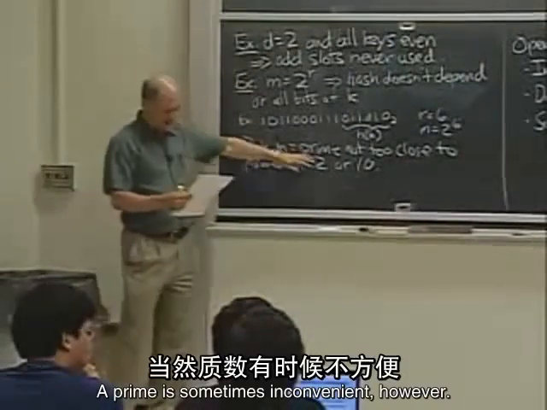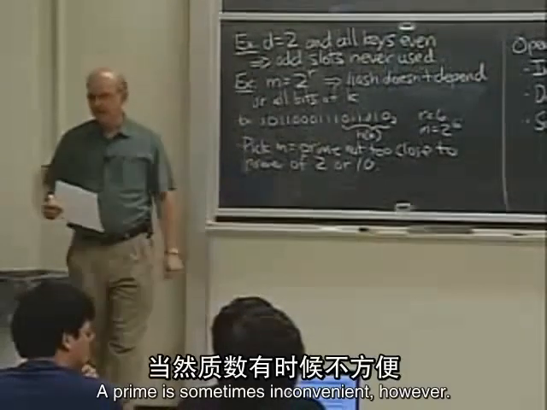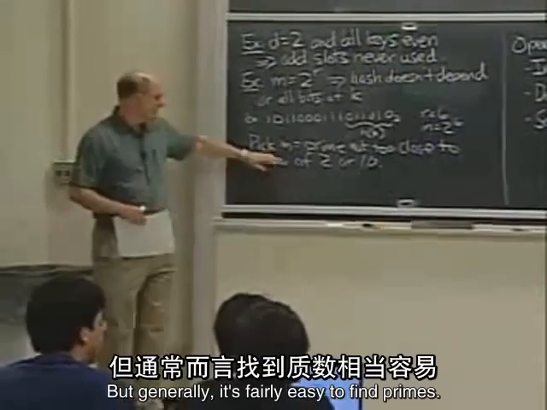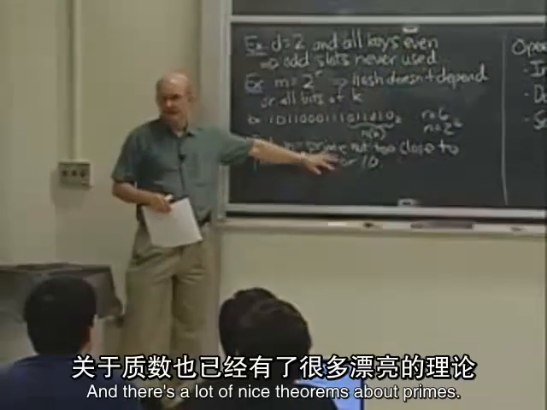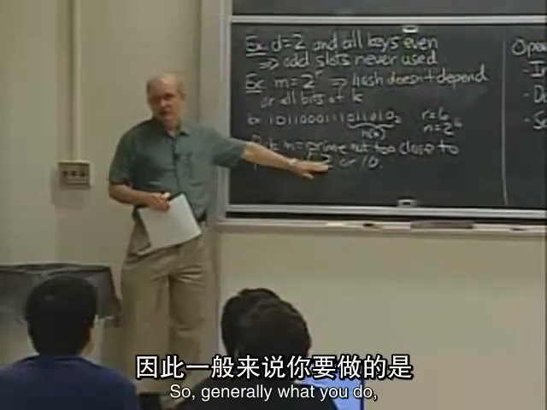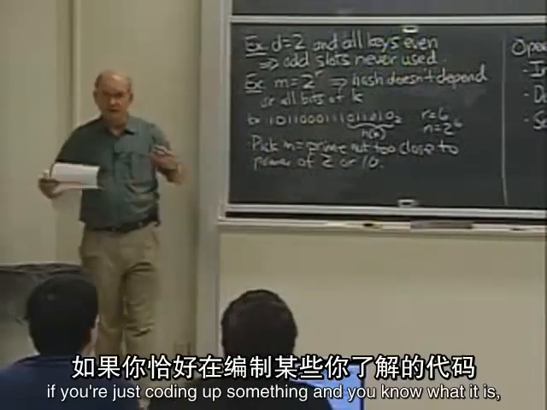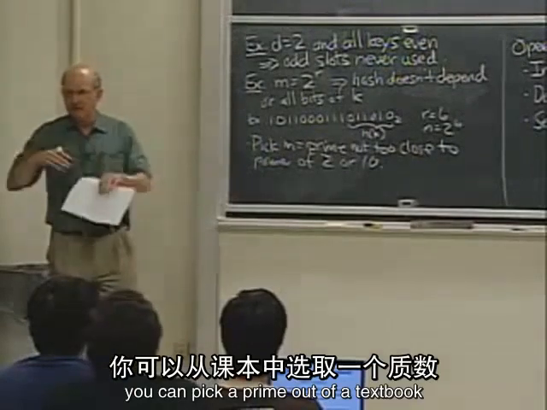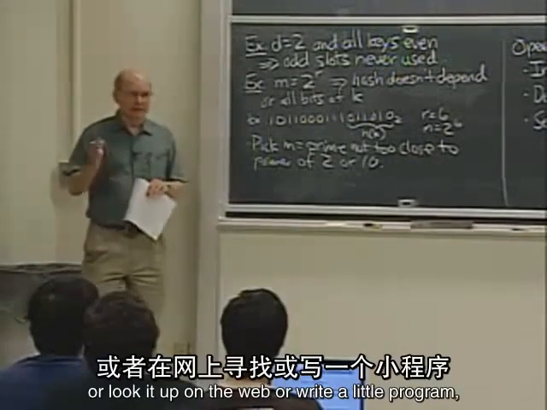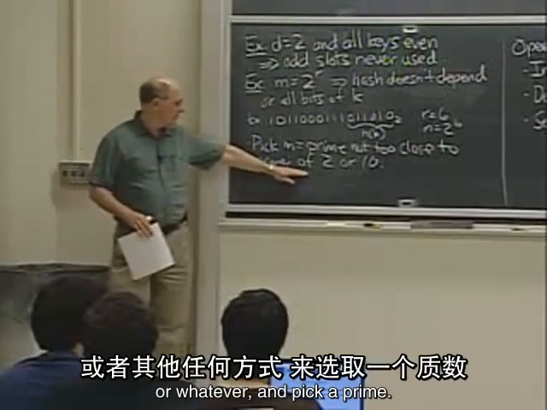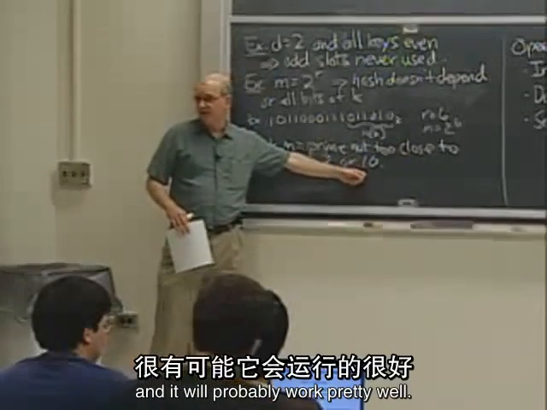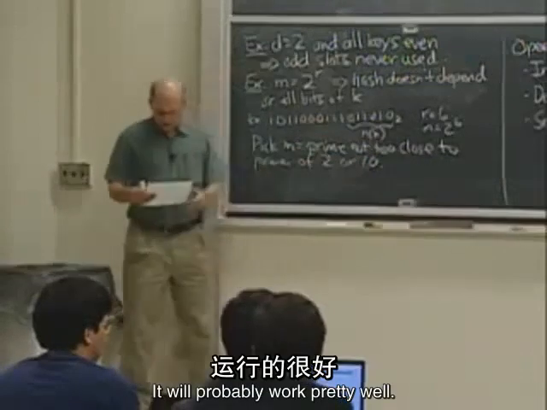A prime is sometimes inconvenient, however, but generally it's fairly easy to find primes, and there are a lot of nice theorems about primes. So generally what you do if you're just coding up something is pick a prime out of a textbook, or look it up on the web, or write a little program or whatever and pick a prime. Not too close to a power of 2 or 10, and it'll probably work pretty well.